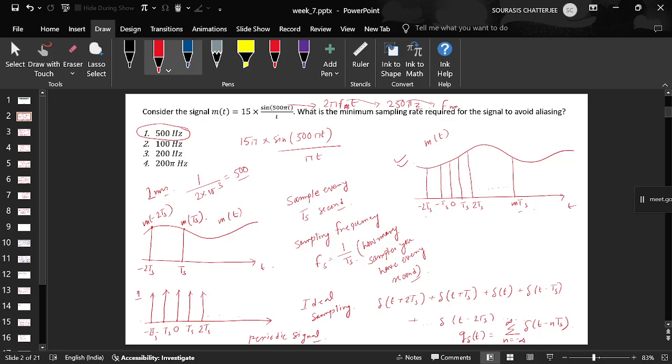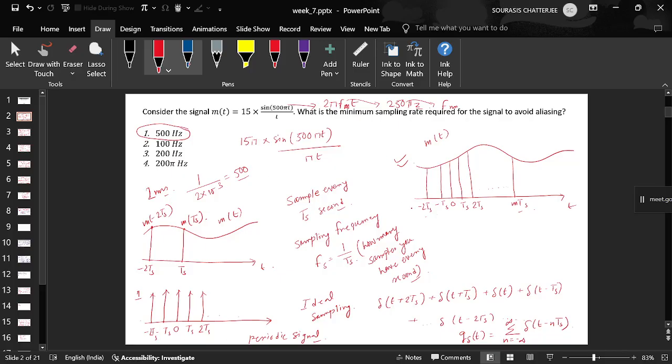For example, we sample every Ts seconds. Let's say Ts is 2 millisecond, so every 2 millisecond I am going to sample one point from this message signal. That is going to be my sampling period.